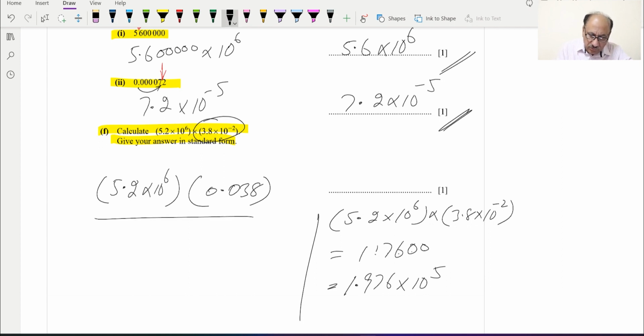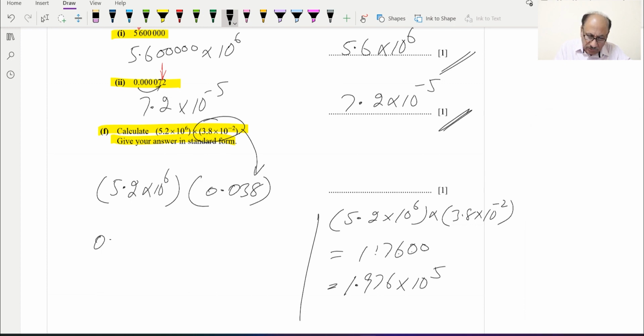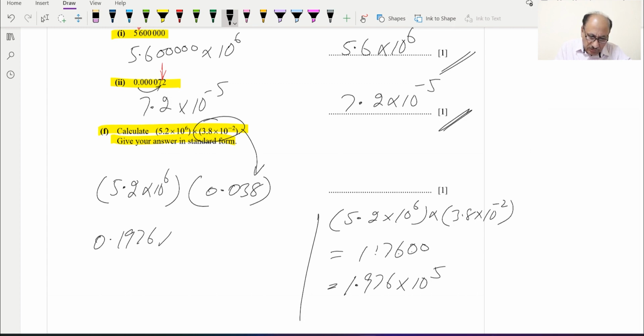Or if you are using the other technique, then we can convert it as this and then use the calculator. This will be 5.2 multiplied by 0.038, and this will be equal to 0.1976 into 10 raised to the power 6.